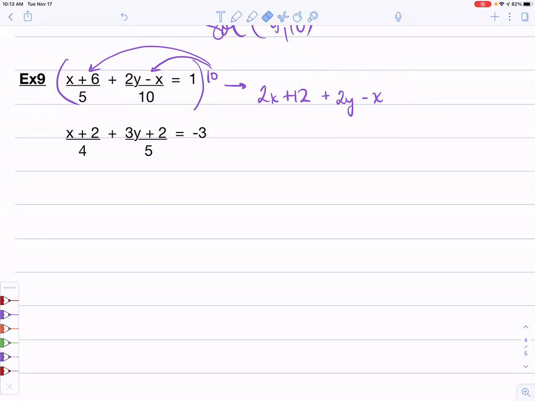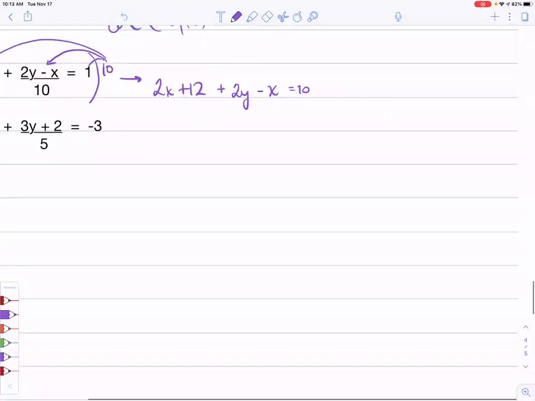Okay, go ahead and pass through the third guy, and you get what? Equals 10. Now, this is a prettier equation, but it's not cleaned up. So let's go ahead and do one more step to clean it up. So how would you write this?